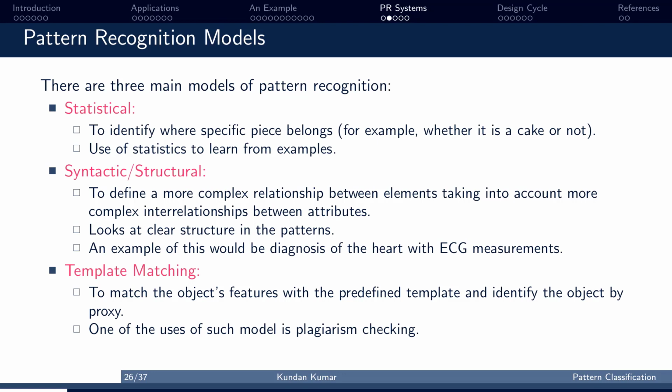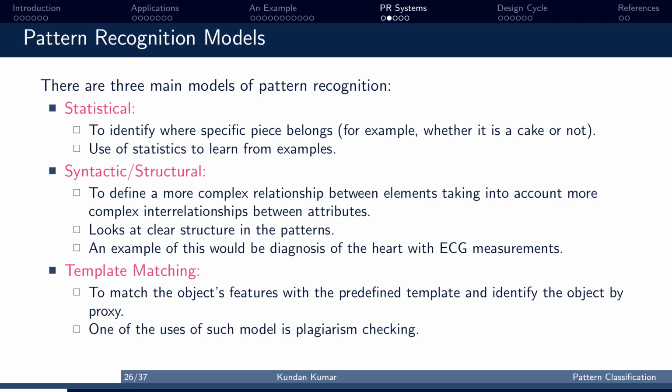So the structural pattern recognition system will identify the position of the nose, eyes, mouth, and lips. These relations are correlated in structural pattern classification to decide whether the person is male or female, or to identify a particular person by their face.